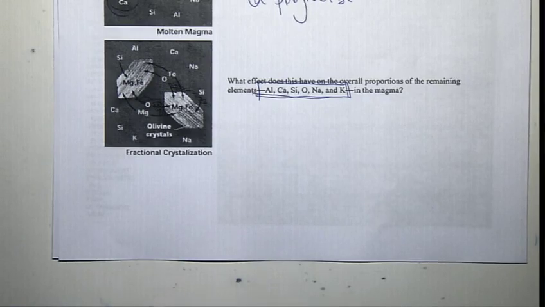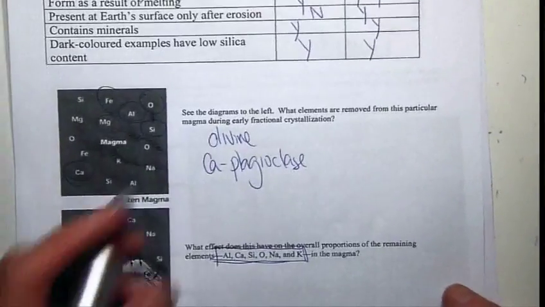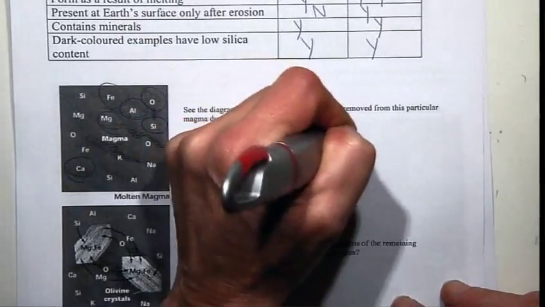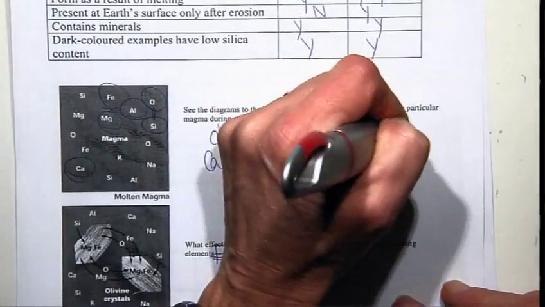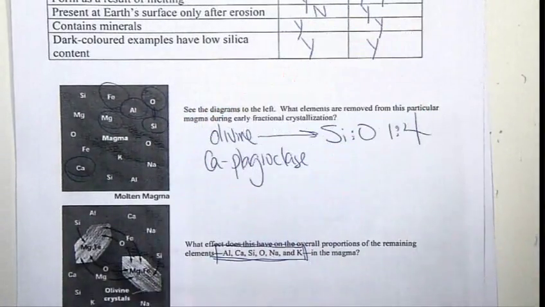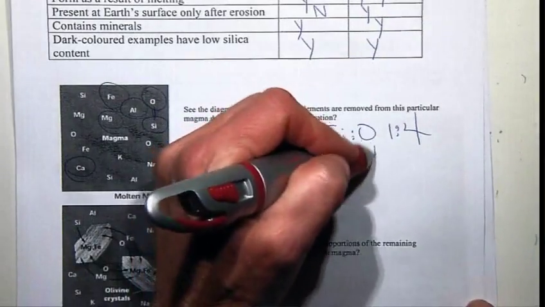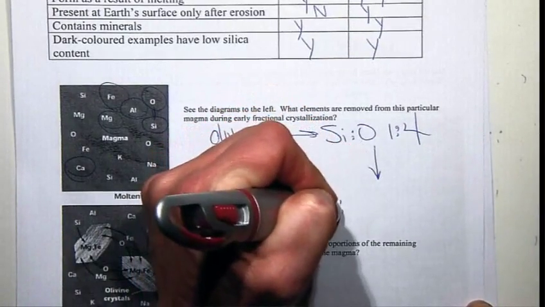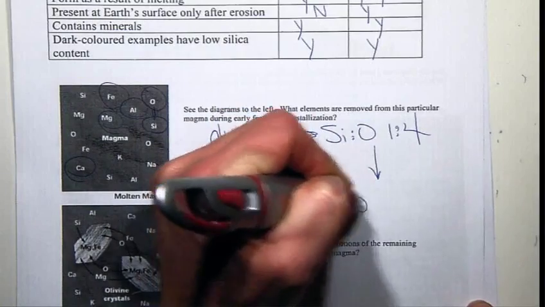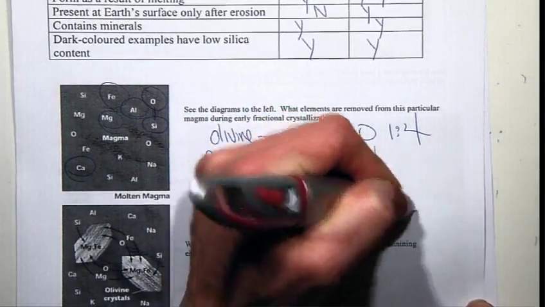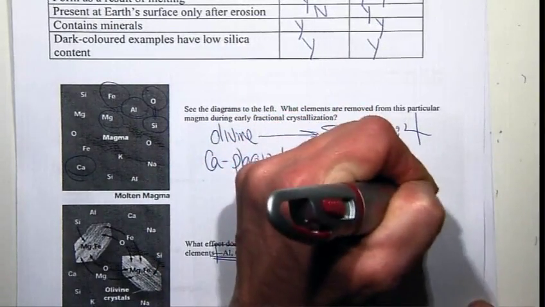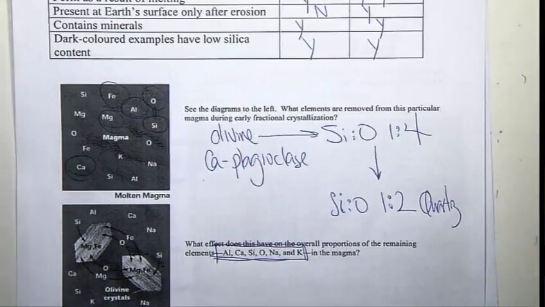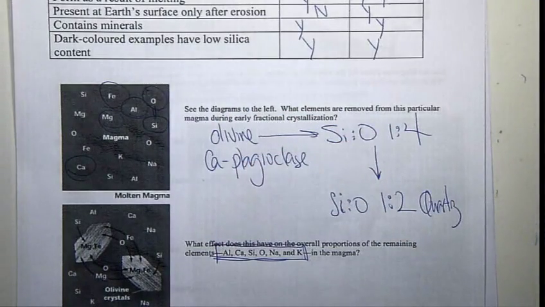Remember, this olivine up here has a silicon to oxygen ratio of 1:4 in its structure. We go all the way down to silicon to oxygen of 1:2 in quartz, which is the bottom of Bowen's reaction series.